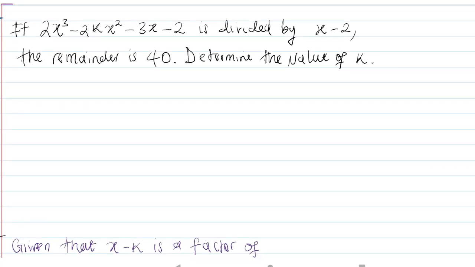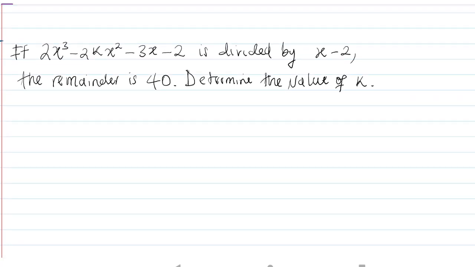So we are going to use the remainder theorem. Remember we said x minus c is a factor of a polynomial if and only if f evaluated at c is equal to 0. Okay? So our given polynomial is this polynomial here.